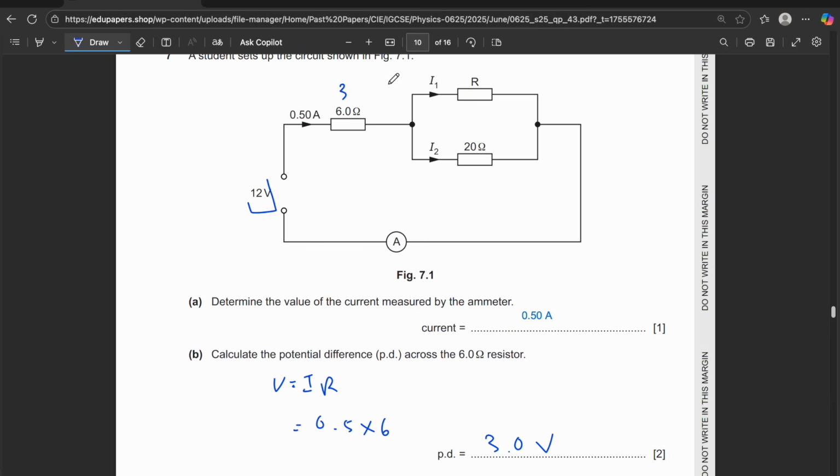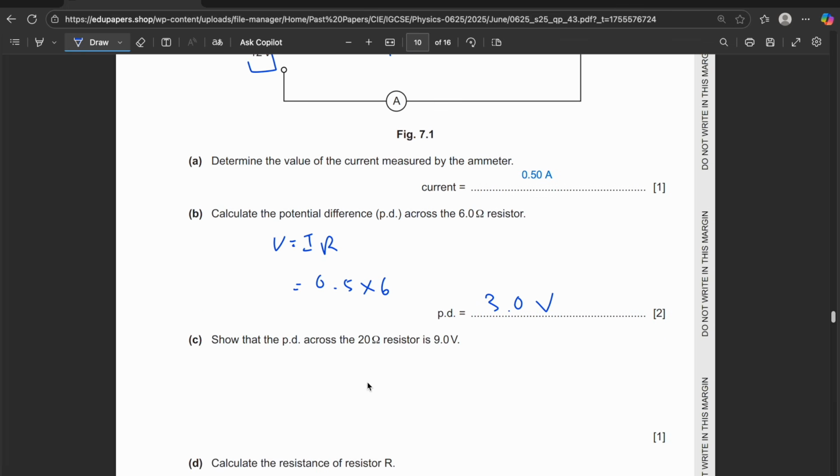This means that this whole parallel connection will get 9 volts. And in a parallel connection, the voltage is the same, so you can view this as just two different items. So 12 minus 3 is equal to 9 volts.